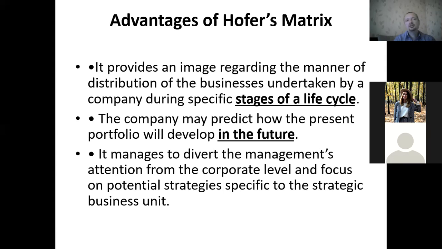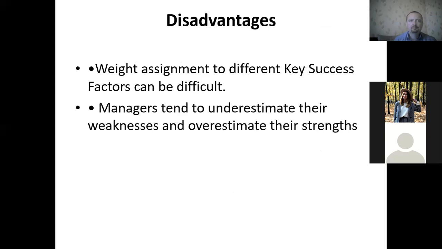The main advantage of this matrix is that we are taking into account the product life cycle stages. If we are using this matrix, it is possible to look not only at the current position of our company, but also at the future position of our company.